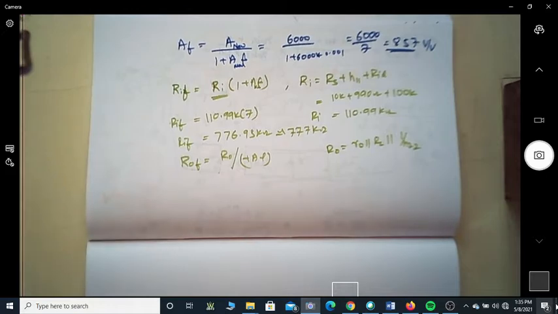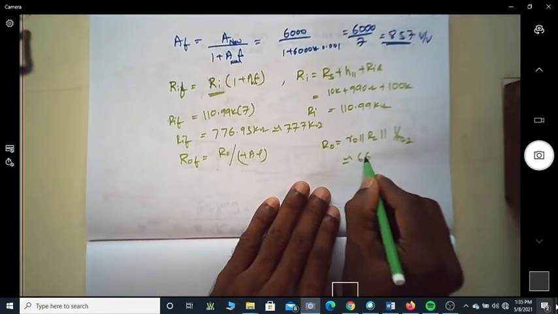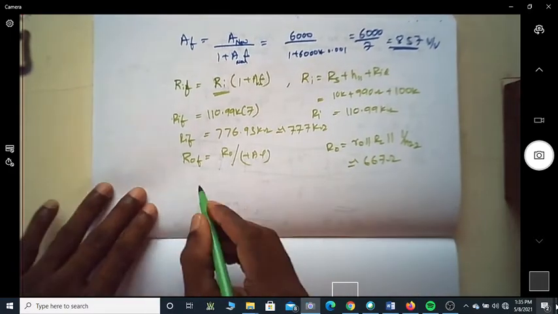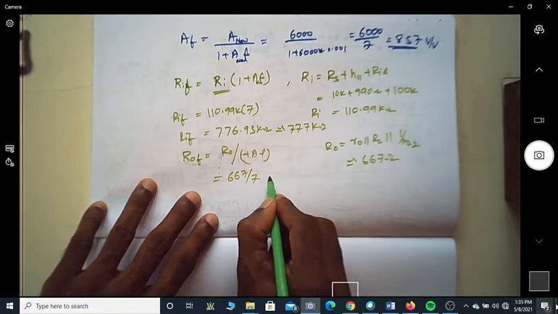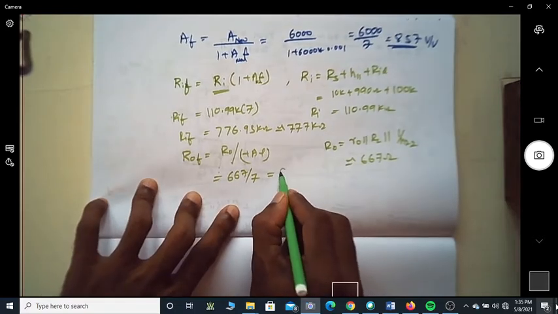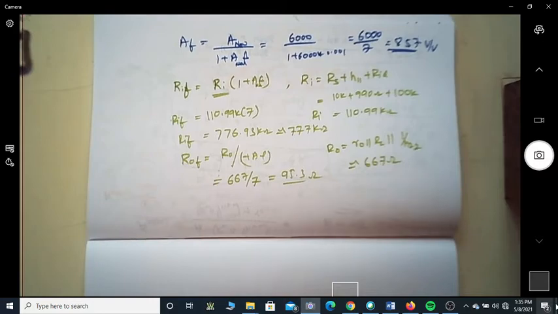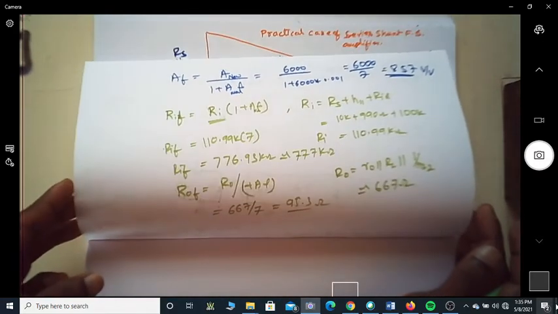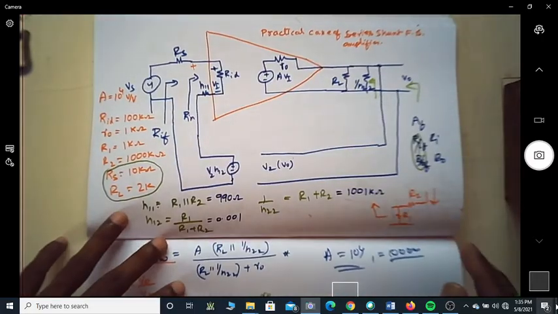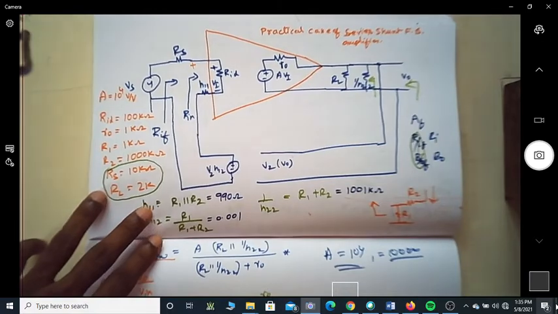The value of this comes out to be almost 667 ohms. So this will become 667 by 7, which happens to be 95.3 ohms, meaning the output impedance of the network, that is ROF, that you are looking from here.